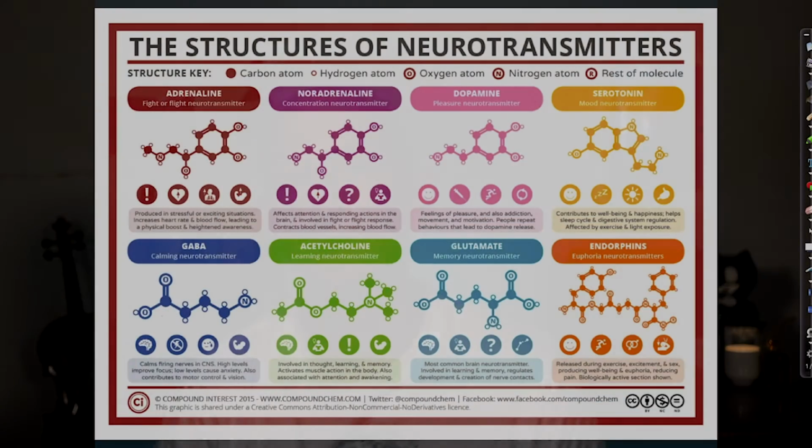But generally, one type of neuron, the neuron's axon, the synaptic bouton, will generally release a single type of neurotransmitter. So let's have a look at the types of neurotransmitters and then think about how they actually work. What is the effect of these neurotransmitters on the postsynaptic neuron?